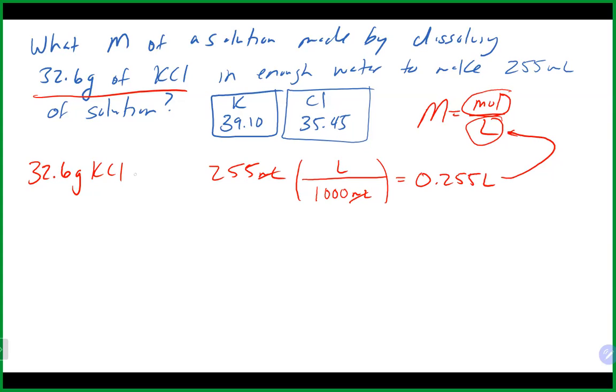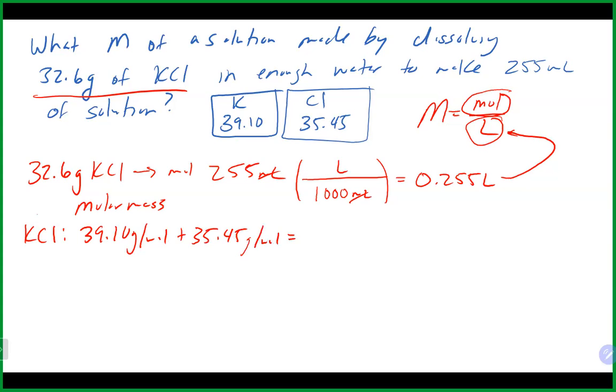To convert our grams into moles, we once again use the molar mass from the periodic table like we talked about previously. In this case, we just need to add it together. The molar mass of KCl would be our 39.10 grams per mole plus our 35.45 grams per mole. That's going to give us 74.55 grams per mole. Remember, we're going to use that as a conversion factor here.